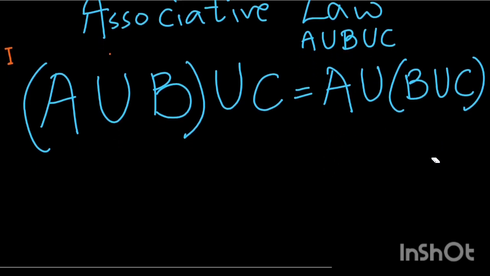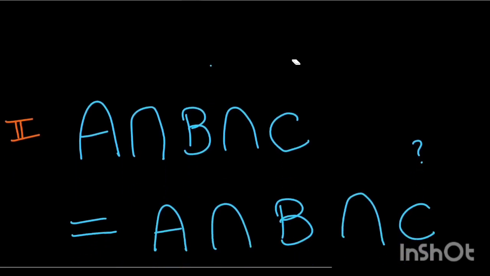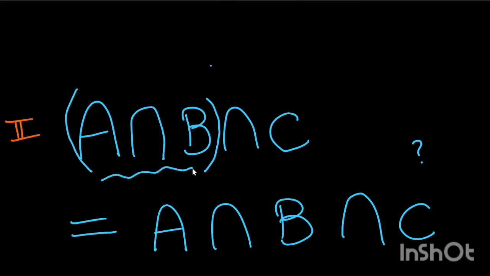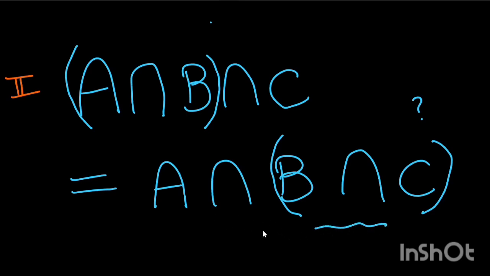Now after this, it is related to A intersection B intersection C as well. Here also in the associative law, we can associate A and B. First we take intersection of A and B, and then whatever we get, we will take intersection with C. We can also do it like this: we can associate B and C, find the intersection of B and C first, and then take intersection with A. That also is correct.